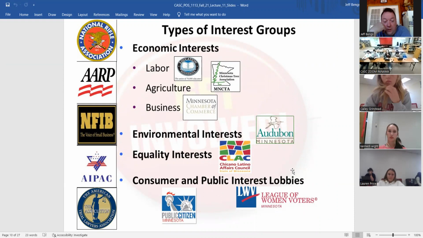Here you can see some more. Look, if you wanted to be involved in politics beyond voting and giving money, if you didn't want to be a part of a campaign, you might consider being a part of an interest group, especially with something that you're passionate about.